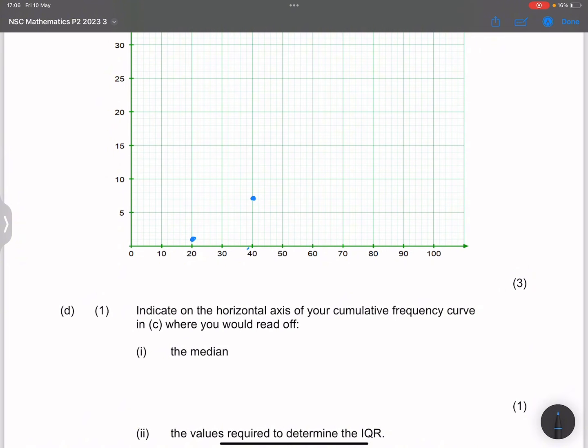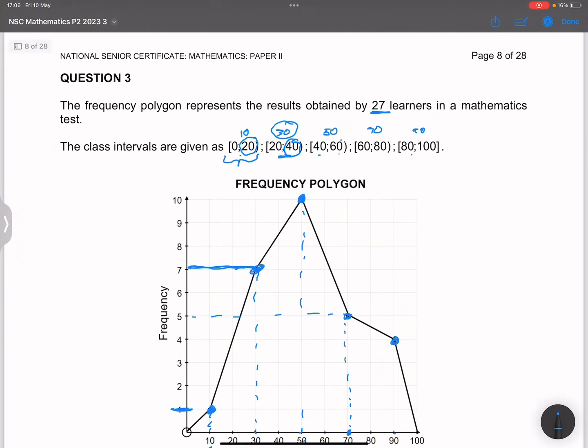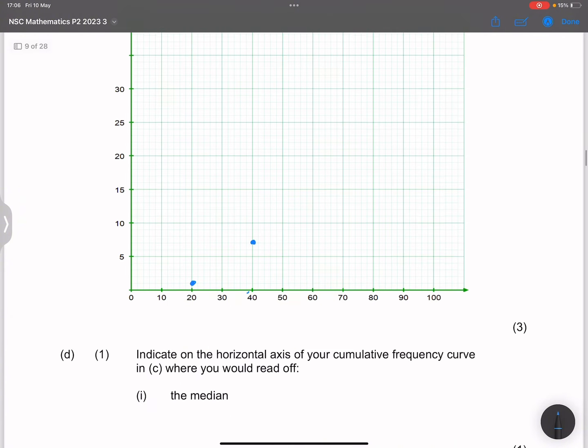Then for the next upper class value, that's 60. The midpoint there was 50, that's 10, so at 60 I am going to have 10.